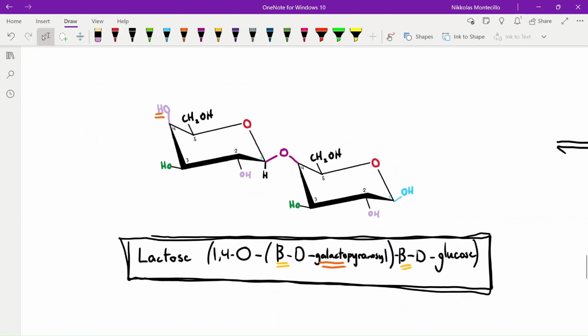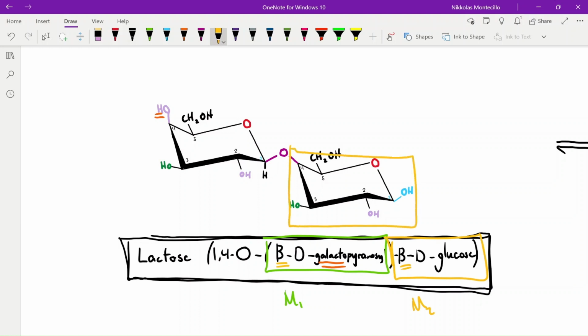So we're already given specific details about the name here. Let's break this up into two bits. This is monosaccharide 1. This is monosaccharide 2. We can see here that the second monosaccharide is in the beta configuration, because the substituents of carbon 1 and carbon 5 are on the same side of the ring.